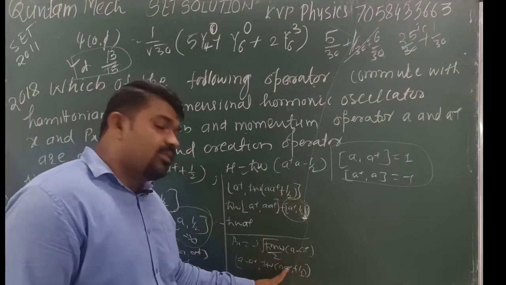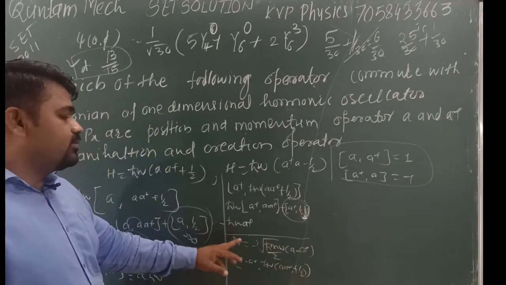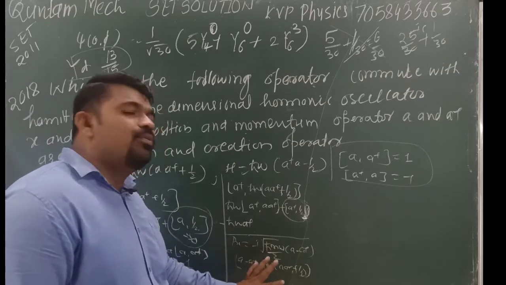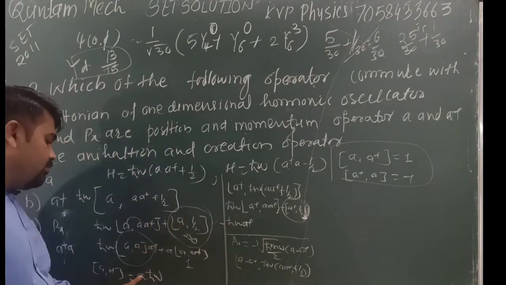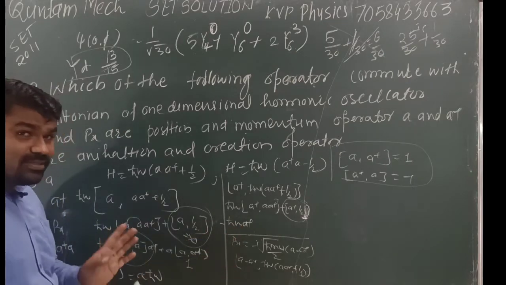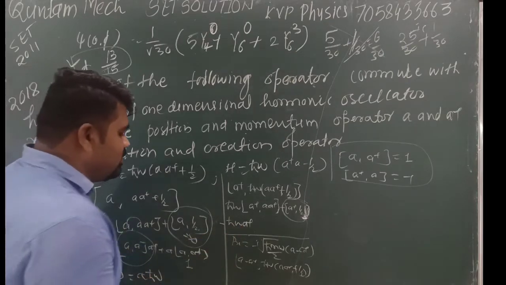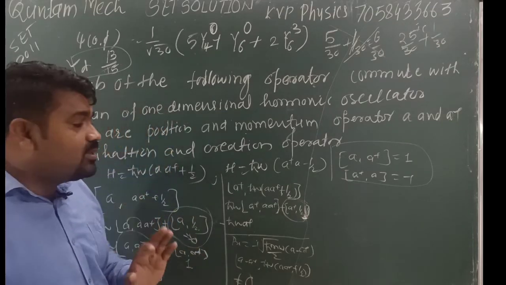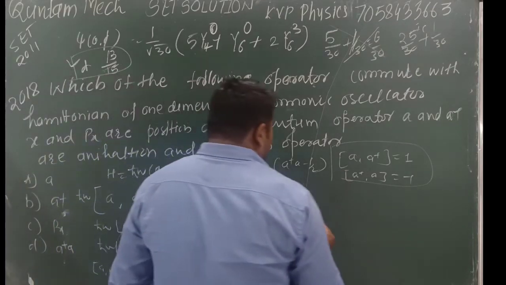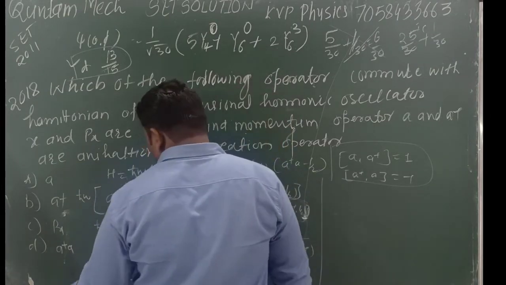A dagger with A dagger is not equal to 0. Means the addition of these two components is not equal to 0. Here getting plus sign, here is minus sign, no problem. But here is A, here is A dagger, means they are not cancelled by each other. Means this part is not equal to 0. This is not equal to 0 means we can say this one does not commute with itself. Next, check the last option.